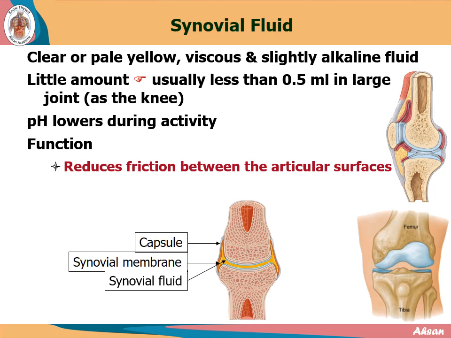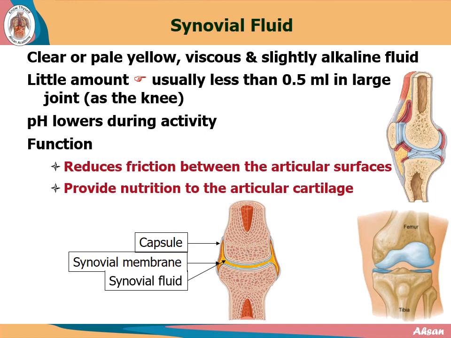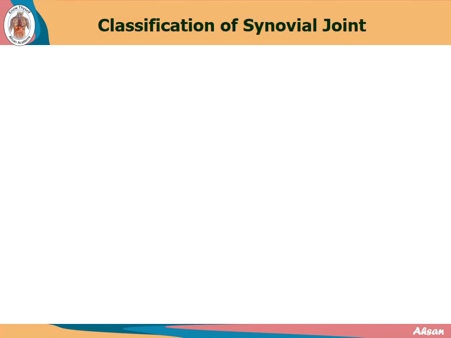This lubricating fluid helps the joint to have frictionless movement and also provides nutrition to the articular cartilage, which is avascular. Articular cartilage actually gets nutrition from the bones that it covers and also from the synovial fluid.